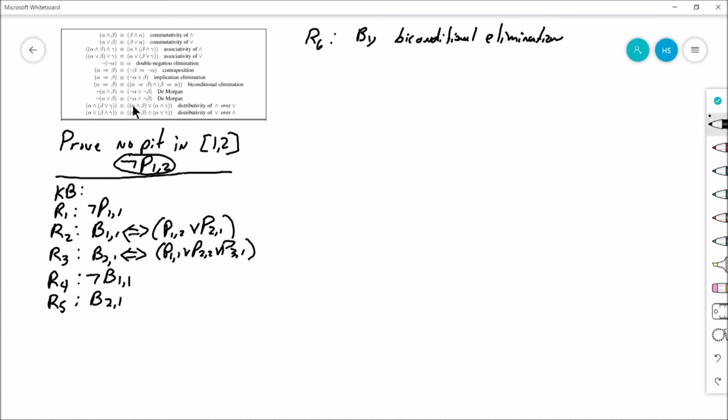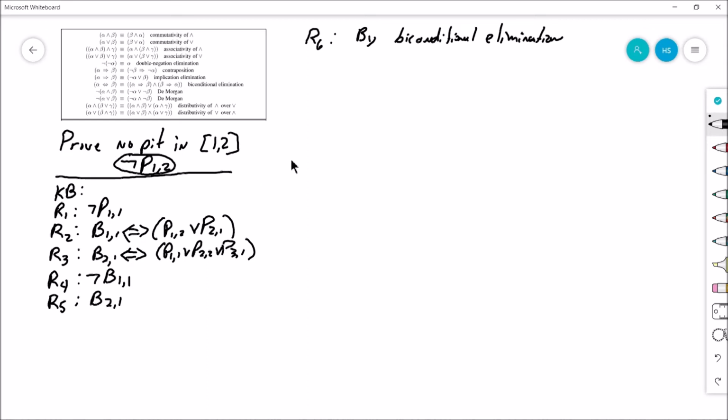So maybe B11 would be alpha. By biconditional elimination, I can transform R2 or R3 into something else.